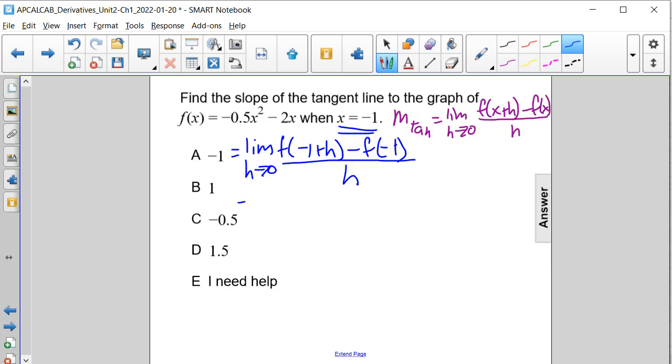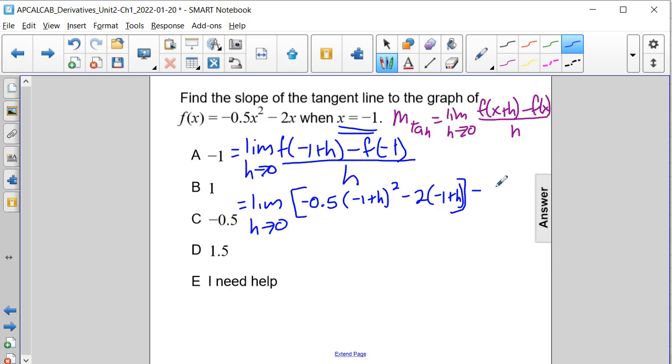So we're still finding the limit as h approaches 0. Then we're going to have -5/10 or -1/2 times -1 plus h squared minus 2 times -1 plus h.